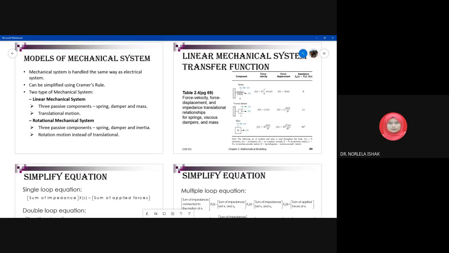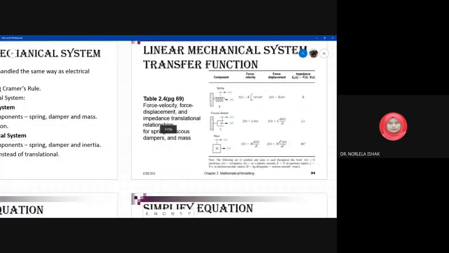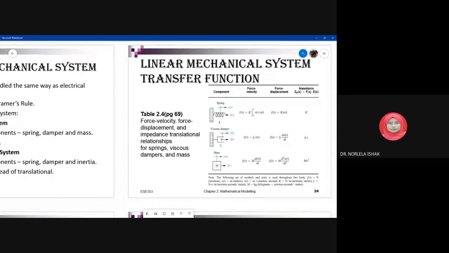So you can see from Table 2.4 in our textbook, page 69, we have three components: spring, damper, and mass. You can also see the relationship between force and velocity, force and displacement, and impedance.